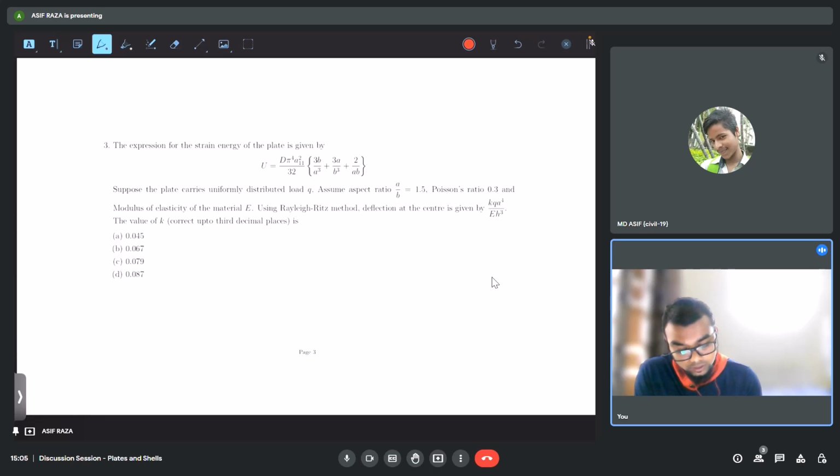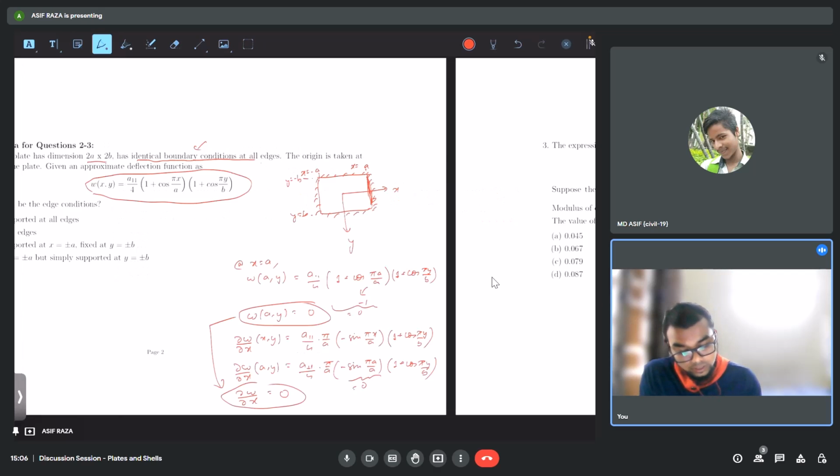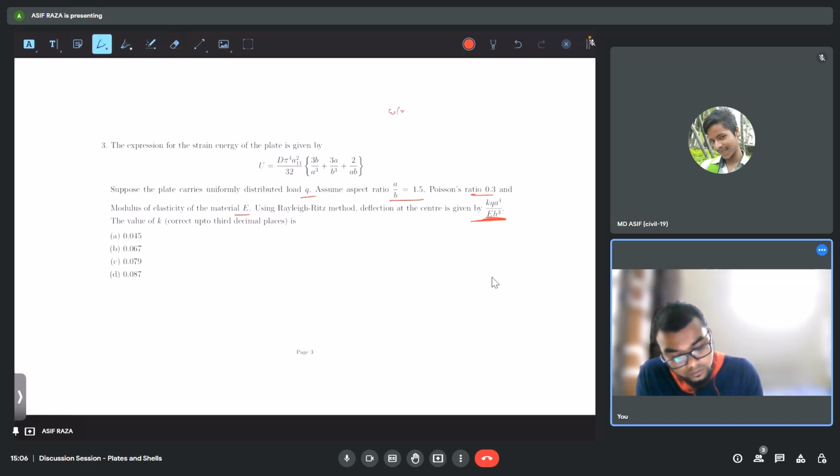Suppose the plate carries uniformly distributed load q with the aspect ratio of a by b equal to 1.5, Poisson's ratio is 0.3 and modulus of elasticity of the material E. Using Rayleigh-Ritz method, deflection at the center of the plate is to be found, and we have to find the value of K. So we are given with the value of strain energy, and the displacement function to be used is w(x,y) equal to a11 by 4 times (1 plus cos pi x by a) times (1 plus cos pi y by b).